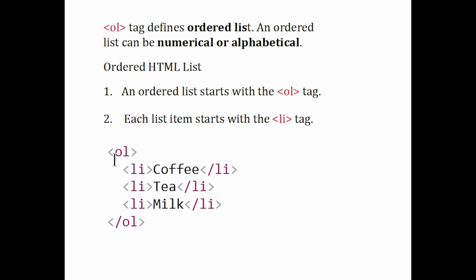If you would like to write down three drink names in a list, OL, then LI coffee, LI tea, and closing, with the OL starting here and closing here.